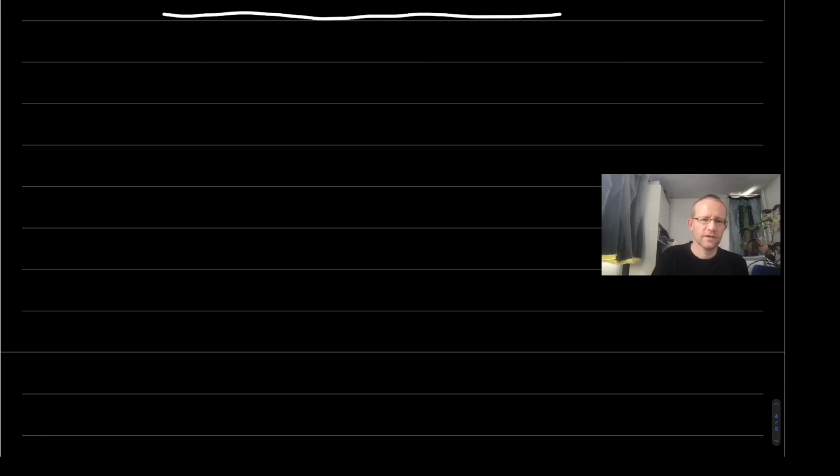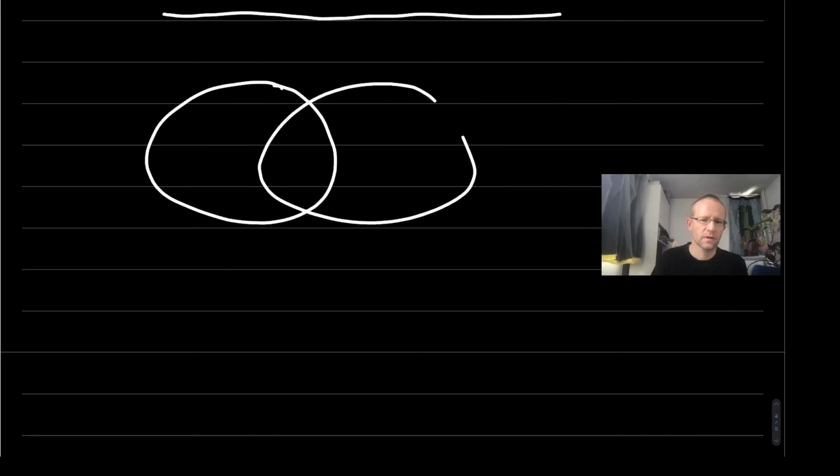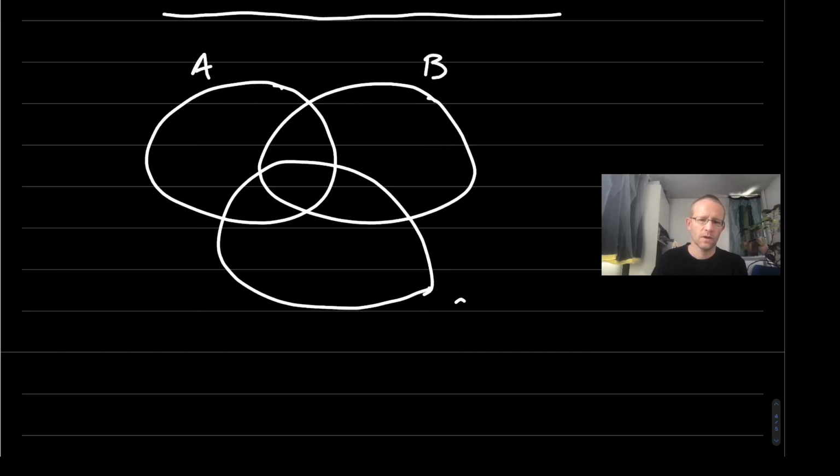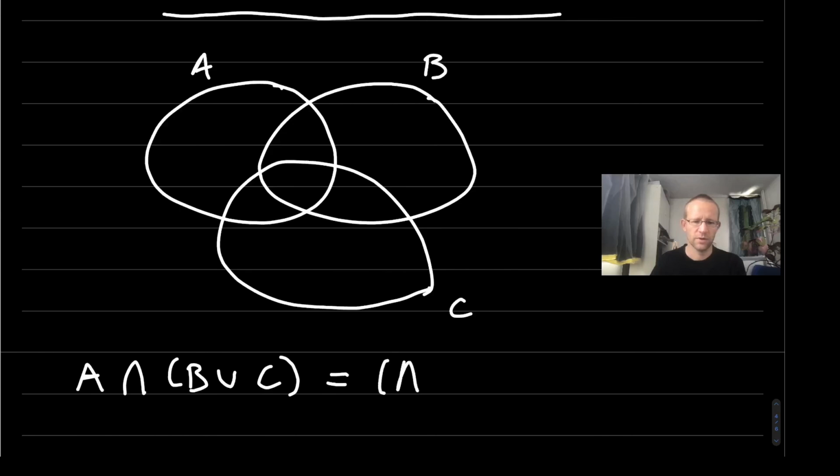Let's solve one of the exercises explicitly. Let's draw A, B, C. Let's try to prove that A intersection with B union C equals A intersection with B union A intersection with C. But first, let's do the left-hand side.